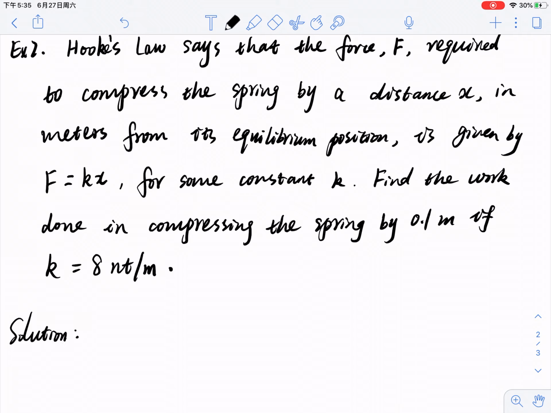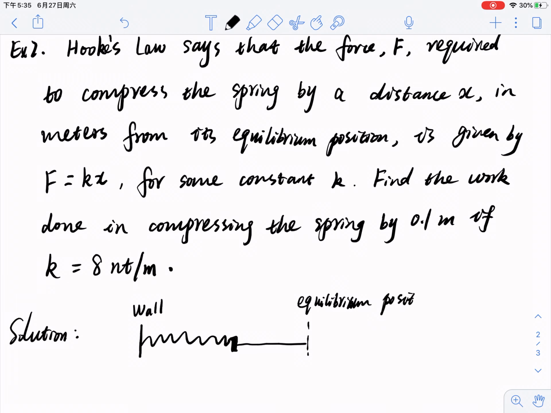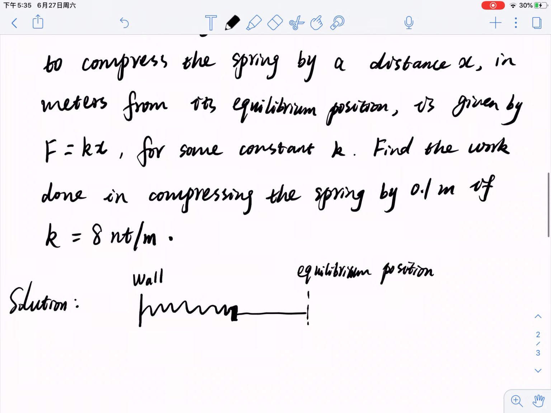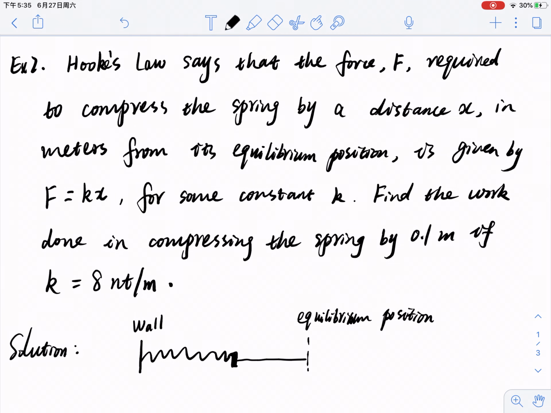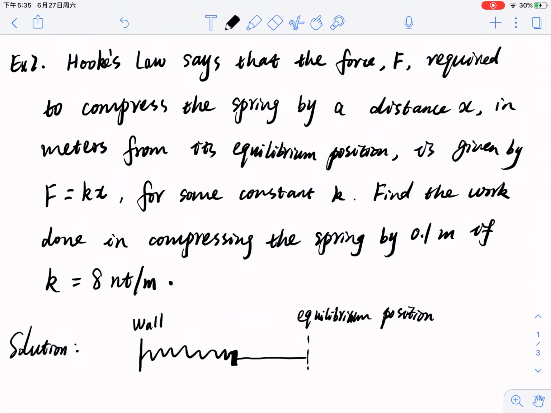So let's draw a picture to illustrate this example. So this is the wall, and we have a spring. Suppose the equilibrium position is here. So the spring is compressed by a distance of x.